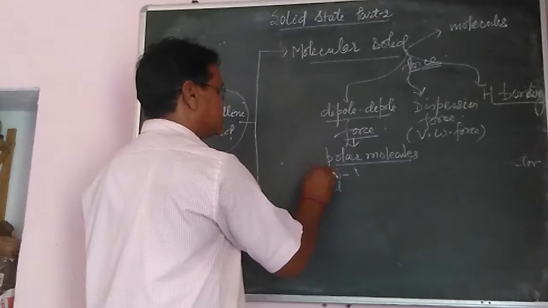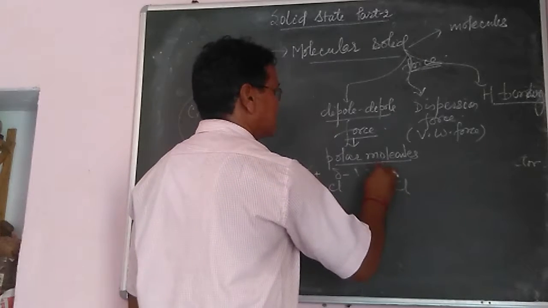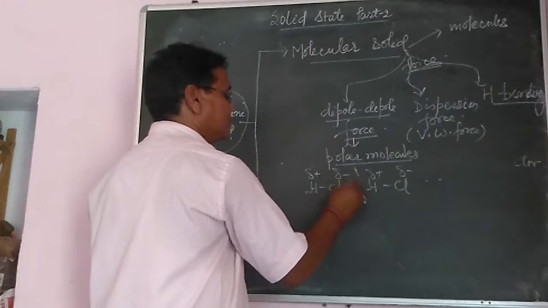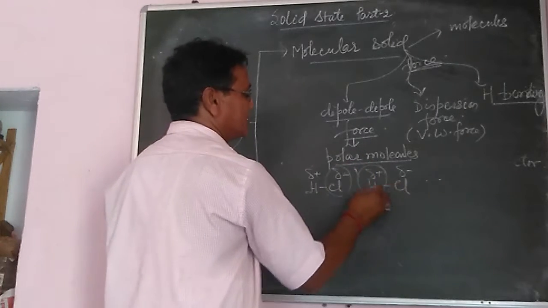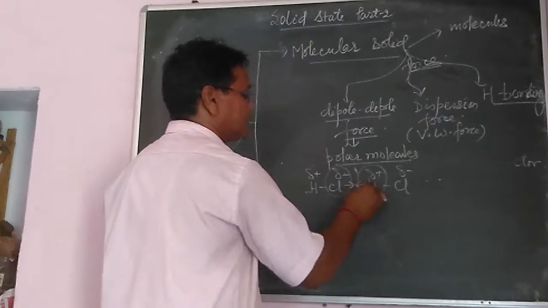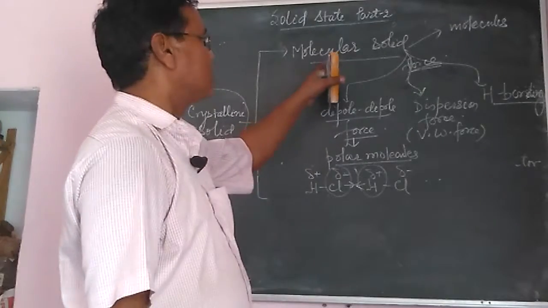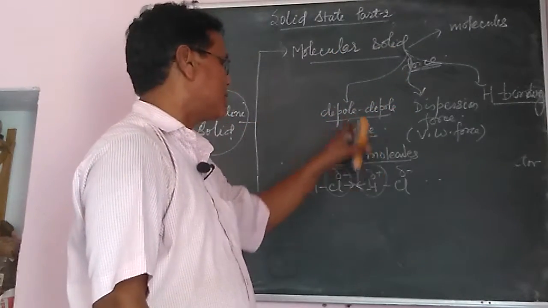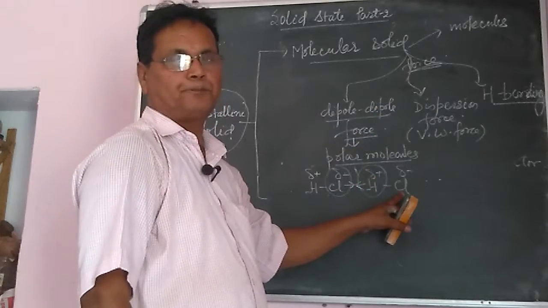This is delta plus, delta minus. The other HCl is delta plus and delta minus. So in this way, the delta plus and delta minus of two different molecules attract each other and bind and form the molecular solid. The first molecular solid, bonded by dipole force, is HCl and HCl.